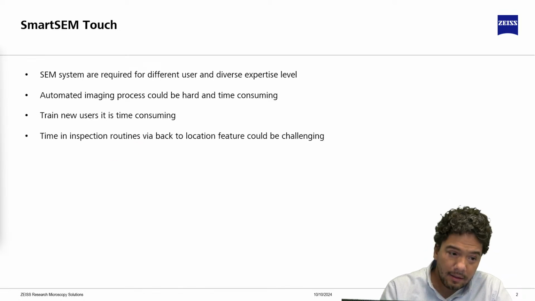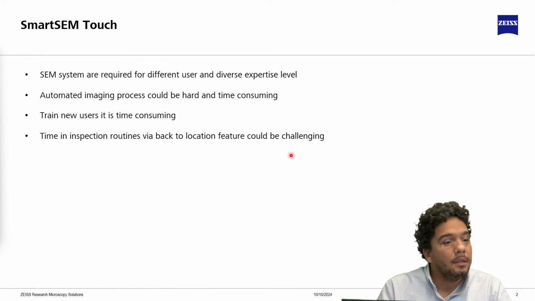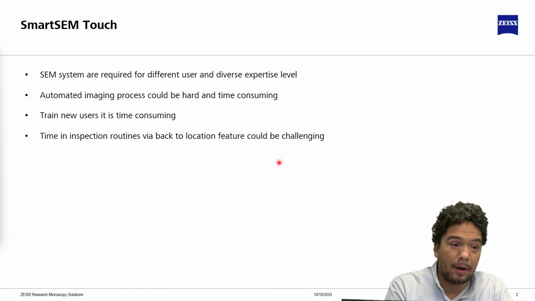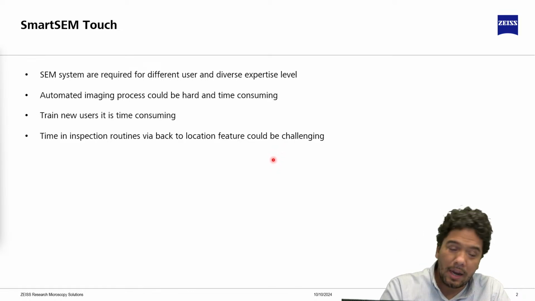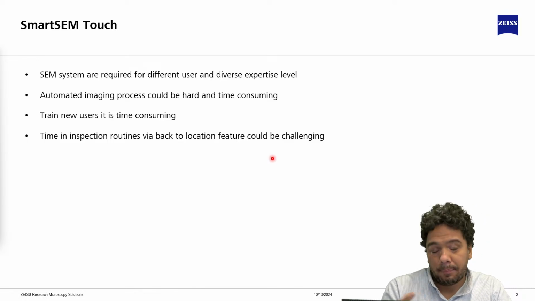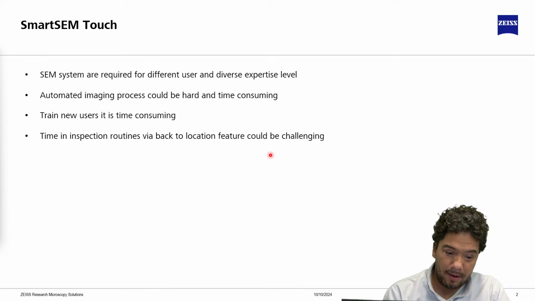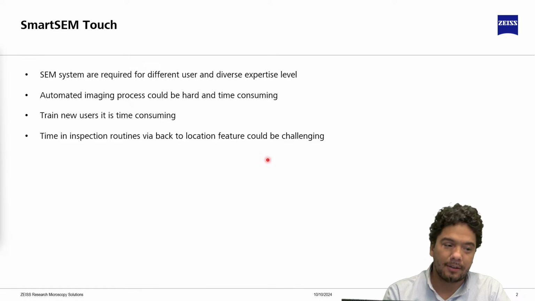Another fact: inspection routines via the back-to-location feature could be challenging. If, for example, you forgot to save the position and you had a really good feature or image and you want to relocate it, it is probably difficult, because we are evaluating a very narrow field of view, and finding this area again could be challenging.